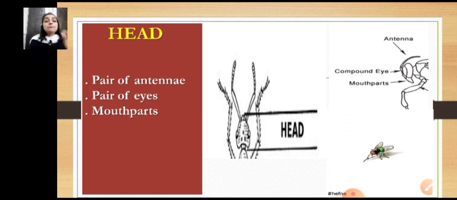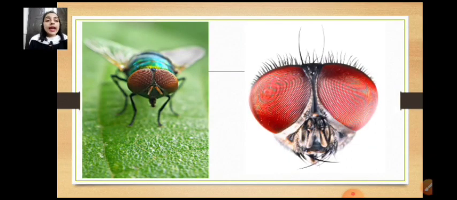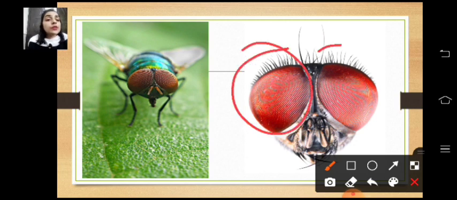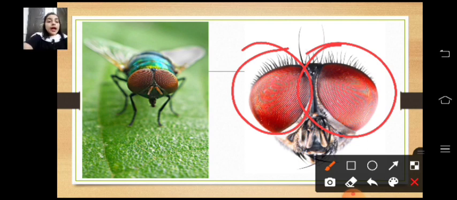And the pair of eyes are composite eyes, which means they have thousands of lenses inside their eyes. These eyes help them to detect the things around them. The moving things around them, they can see easily.